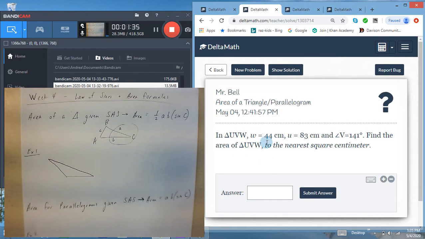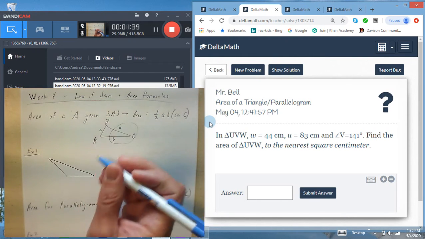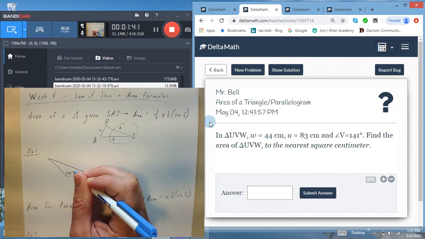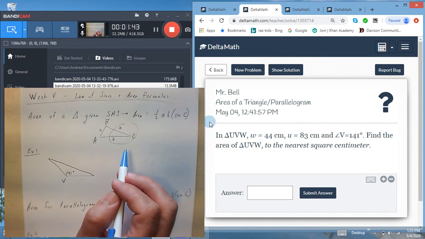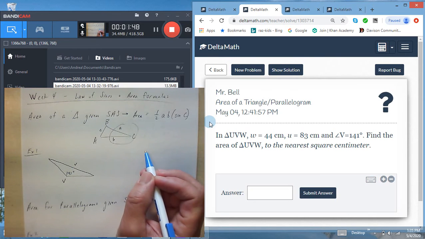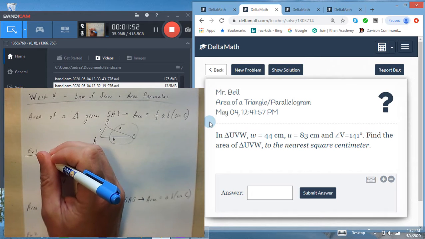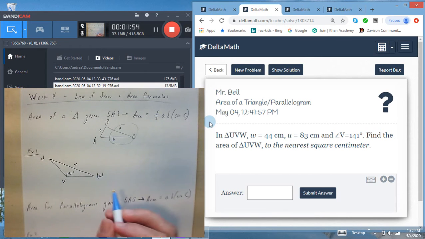So for this example over here, UVW, angle B is 141. So I'm going to put 141 right here. Call that angle B based on that given information. All right, so lowercase b is going to be here. It doesn't really matter where I put U and W. I'll just put U here and W here.